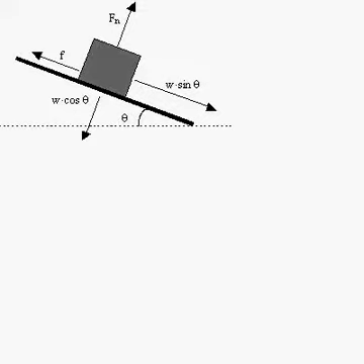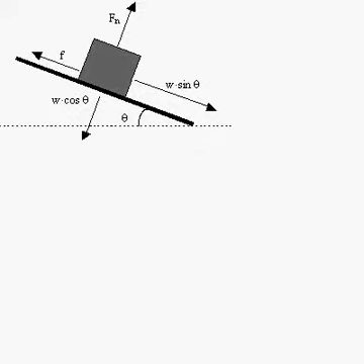Now I already showed you how to take the weight and split it up into two components, one that's parallel and one that's perpendicular to the incline. The parallel component is the weight times the sine of the angle of the incline, and the perpendicular component is the weight times the cosine of the angle of the incline. There are two other forces to worry about. First, there's friction. I've labeled it little f.